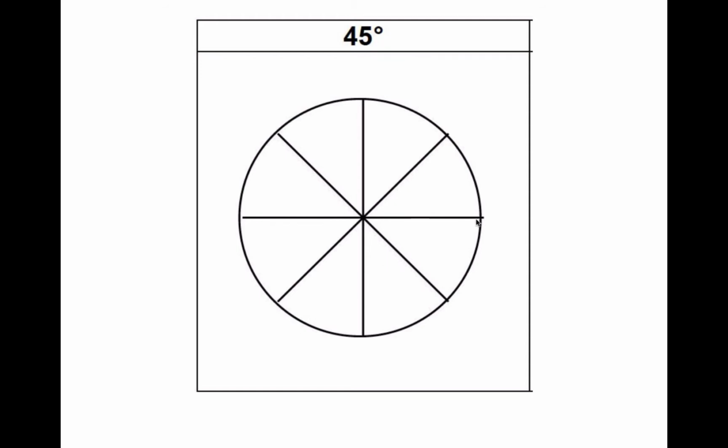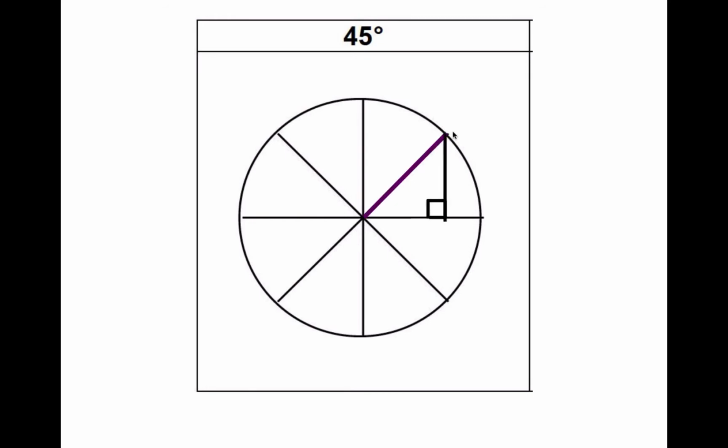So if you think of this as 0, and we rotate it 45 degrees, that would be this part right here in our unit circle. So 45 degrees is right there. It creates a right angle with the x-axis, where this angle is 45 degrees. We learned that in a triangle that has 45, 45, 90, the legs are equal.